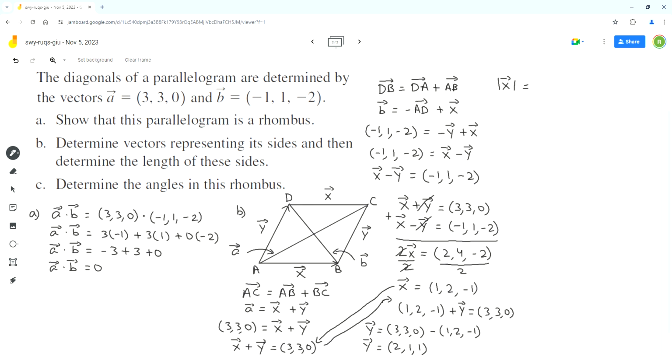For the magnitude, we'll square the components, add them, and apply square root to the sum.